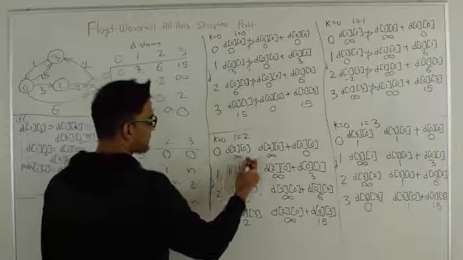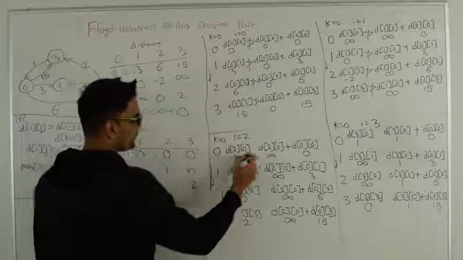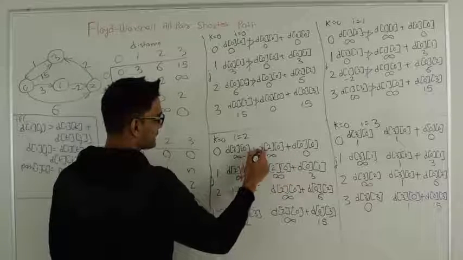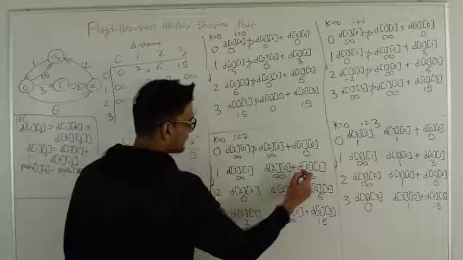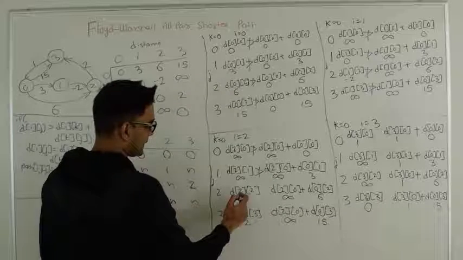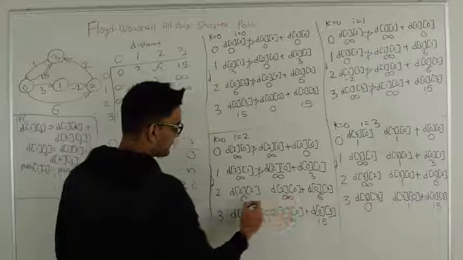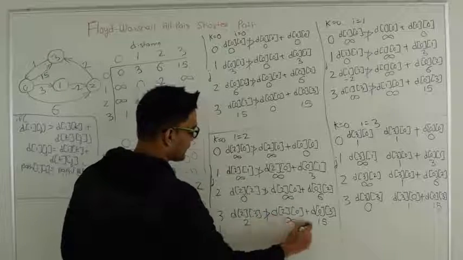So is ij greater than ik plus kj? So is infinity greater than infinity plus 0? No. Is 2,1 greater than 2,0 plus 0,1? Again no. Is 2,2 greater than 2,0 plus 0,2? So 0 is not greater than infinity plus 6, and 2 is not greater than infinity plus 15.